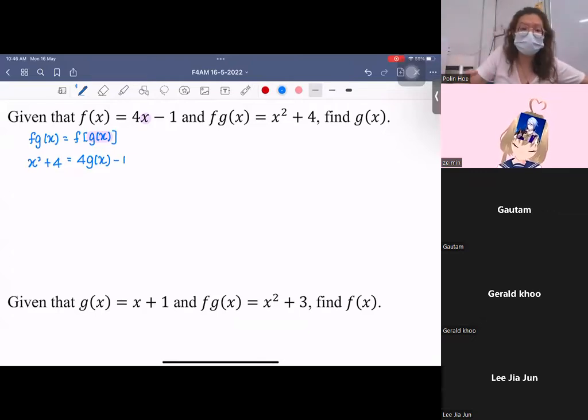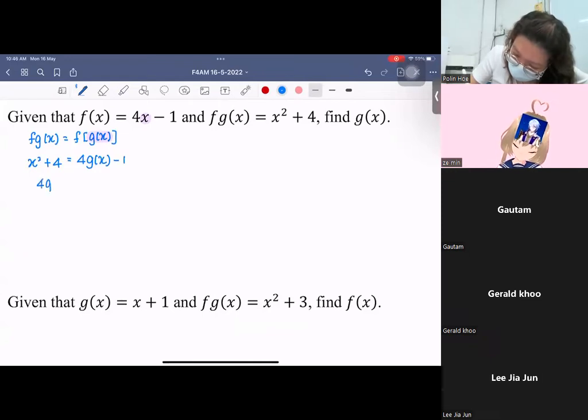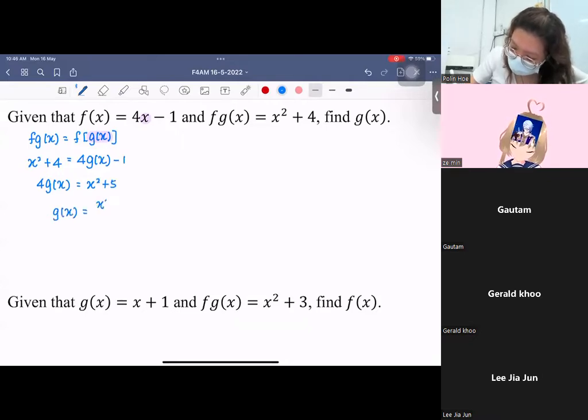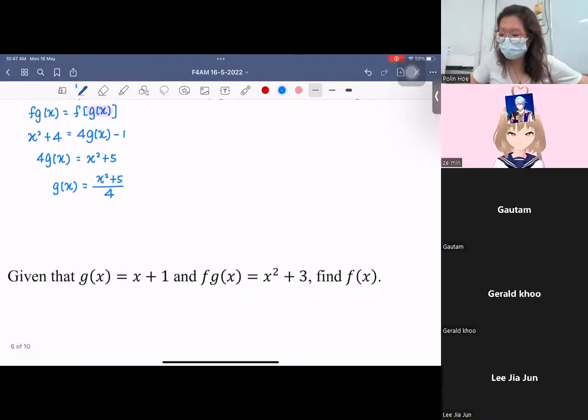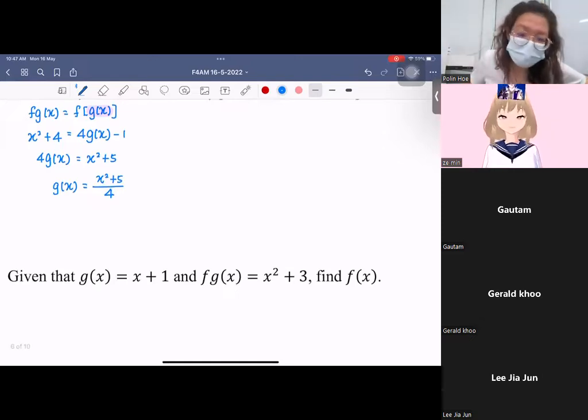Just assume g(x) is an unknown and then you find the unknown. So g(x) is equal to x squared plus 5, g(x) is equal to x squared plus 5 over 4. This is the second level of composite function.